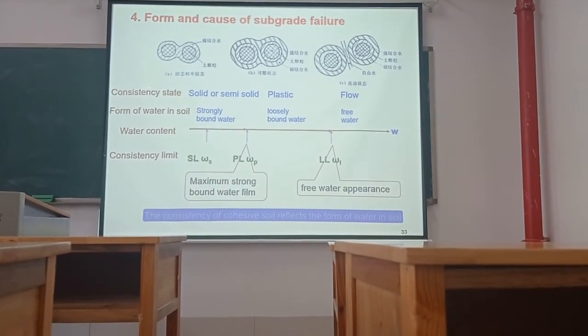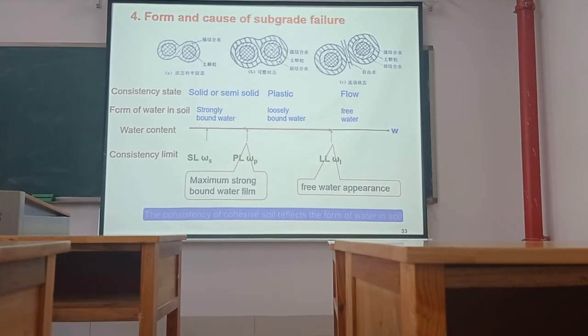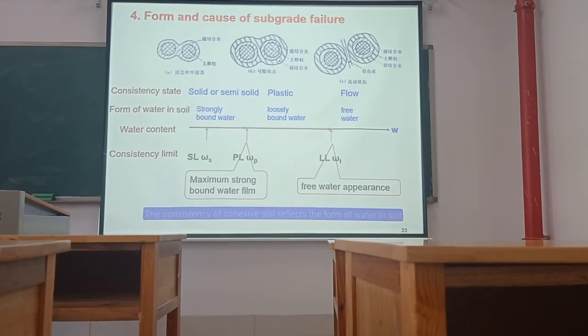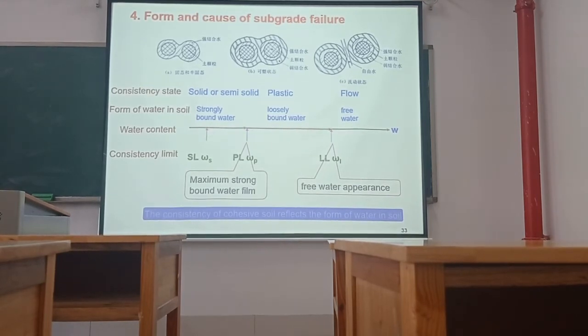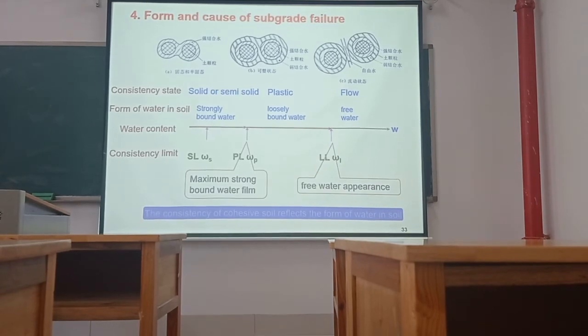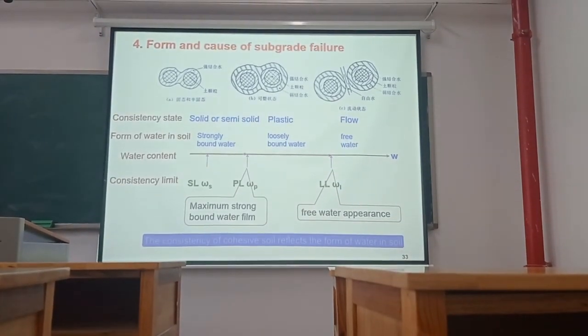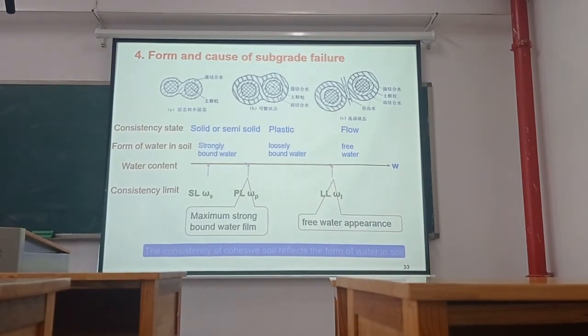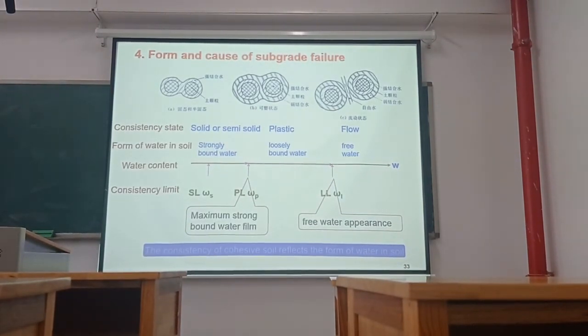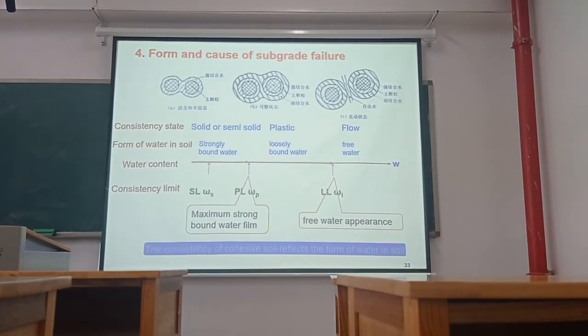So we can use this consistency state and the form of water in soil, strongly bound water, loosely bound water, free water. With the water content increasing, the state is changed. The shrinkage limit, and omega p is the plastic limit with the maximum strongly bound water film.